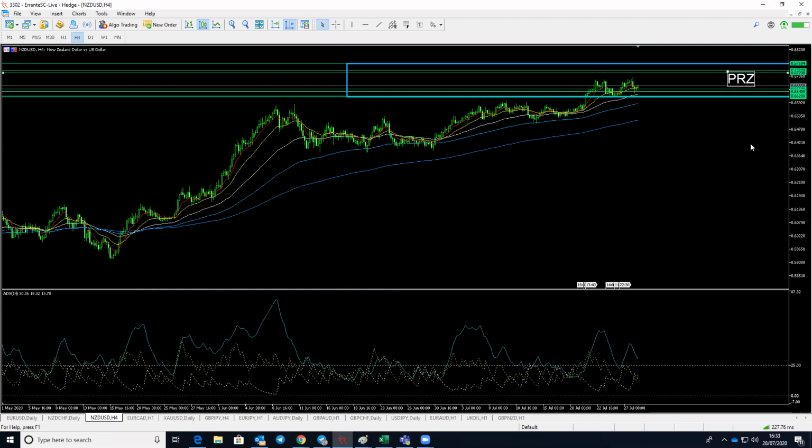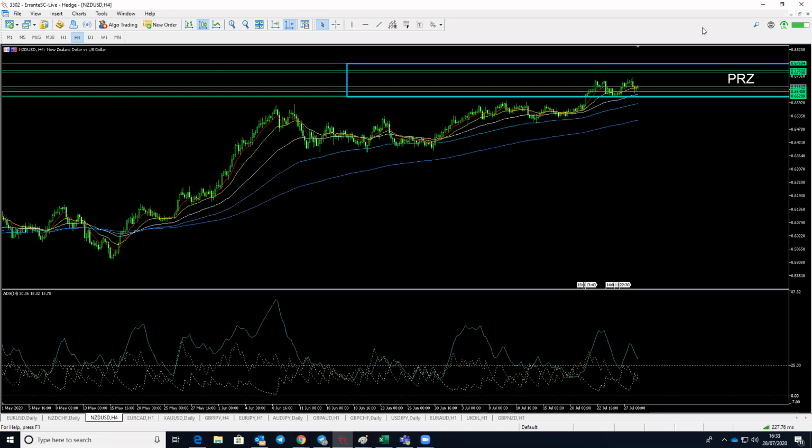We don't usually trade inside a potential reversal zone, because we need to monitor and understand whether the trend will be strengthened, depending on how the candles are trading. If the candles are only trading inside the PRZ, that means there's a lot of uncertainty and a lot of sideways market going on. We cannot make any decisions.